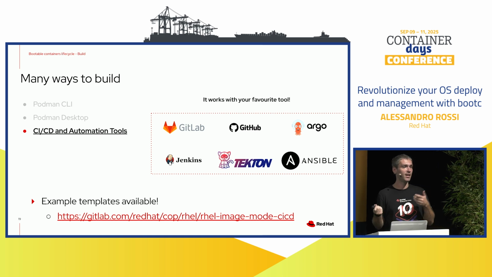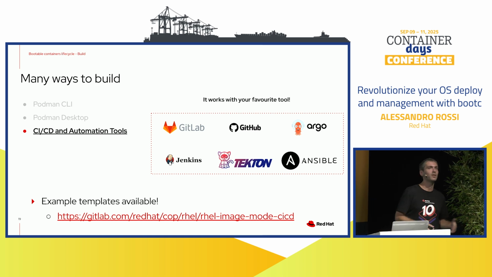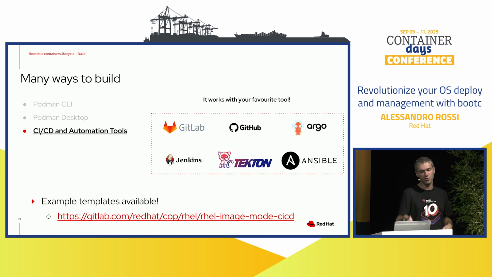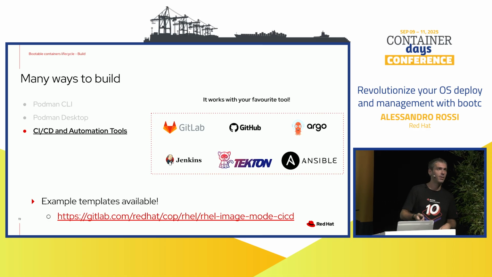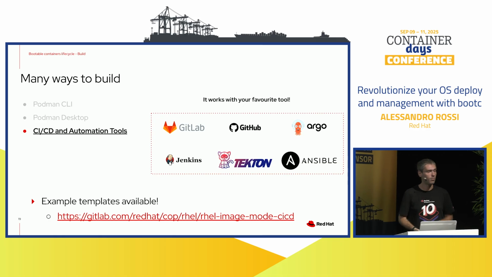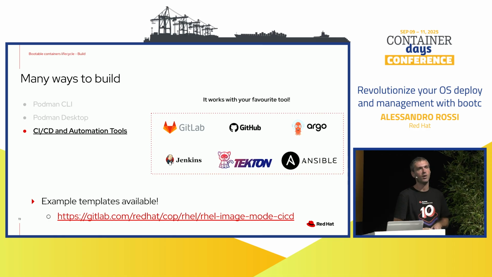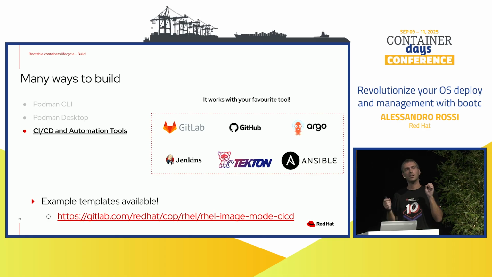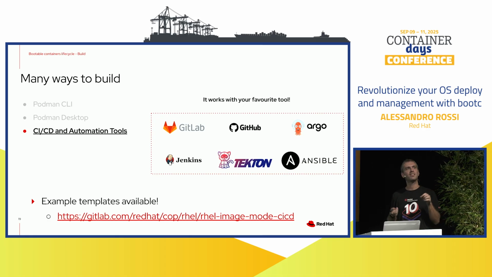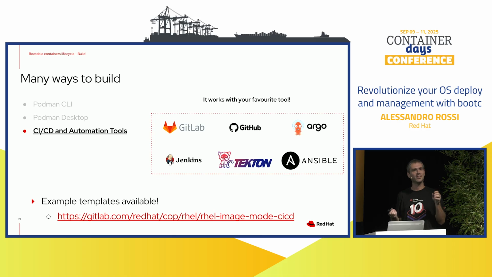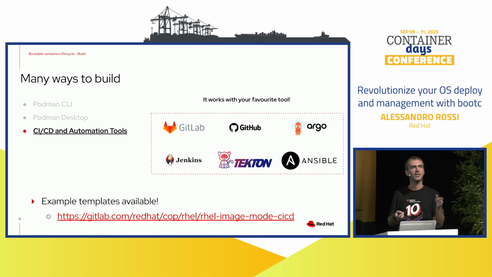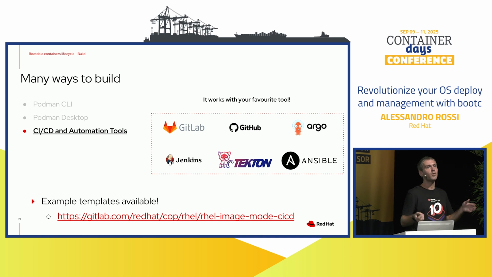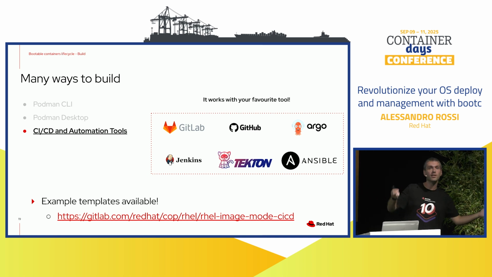And this is one of the coolest things that we are trying to work on, because we are creating and supporting all the integrations with the most used CI/CD tools. I'm directly working on the Jenkins, Tekton, Ansible, and GitHub implementations. So in that repository, which will also be available in the slides when we share them, you will find some sort of scaffolding, as I love to call it, that you can use to start creating your own pipeline within your environment, to create an end-to-end experience from the build to the deploy.